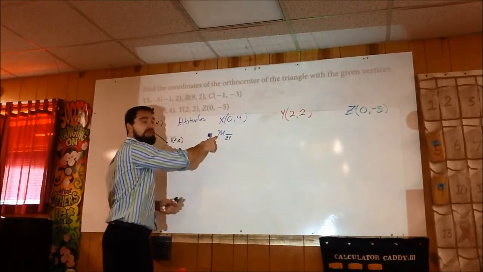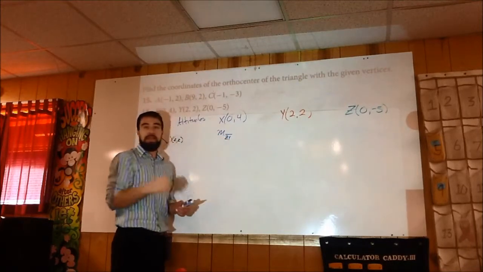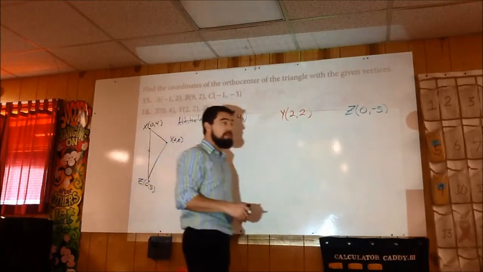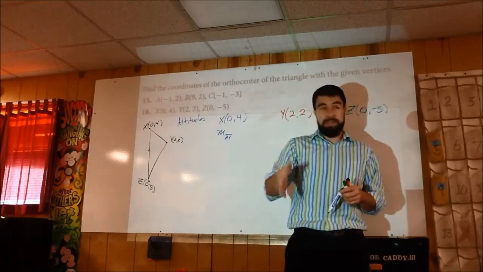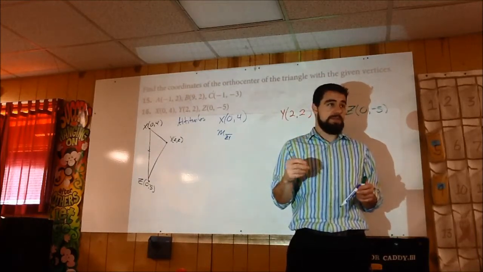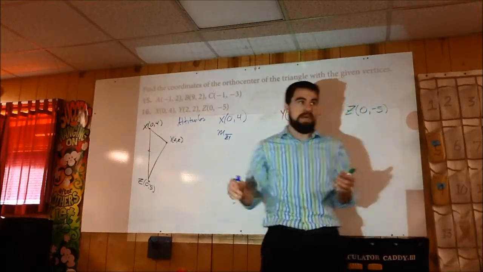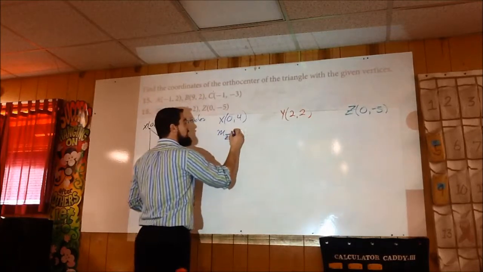Cursive lowercase m for slope, that's what we use. And this here is subscript notation. It's like in the point slope formula, you have y minus y sub 1. It's just a little notation to keep everything clear so that your reader knows what you're talking about. So this is the slope of segment zy.